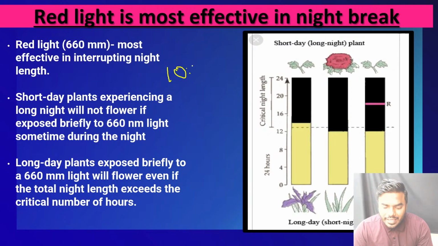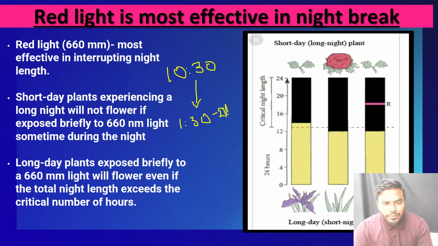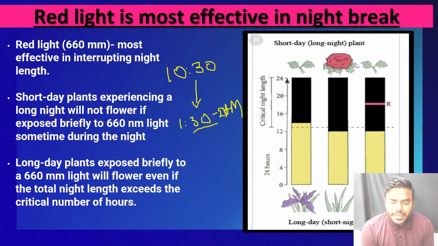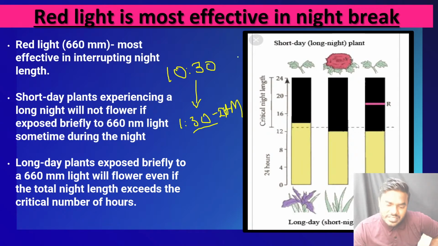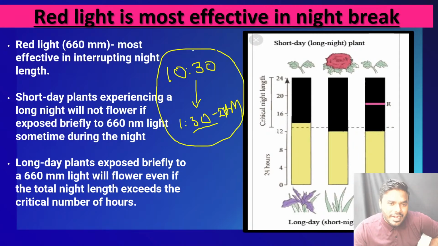If you are all ready, then only I will take it. 10:30 to 1:30 or 2 a.m., because today is Saturday, so tomorrow you can rest and sleep happily. If everyone is ready, think and let me know in the Telegram channel. By that we can conduct the class for 4 hours and finish the entire PYQ questions from plant physiology.